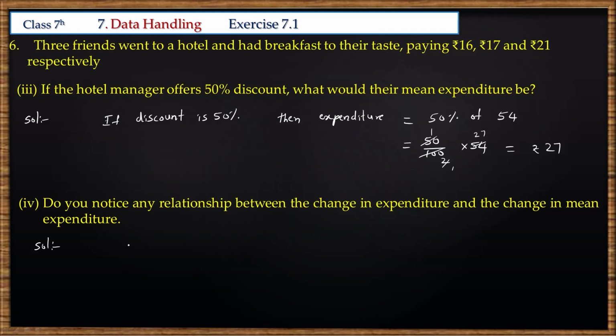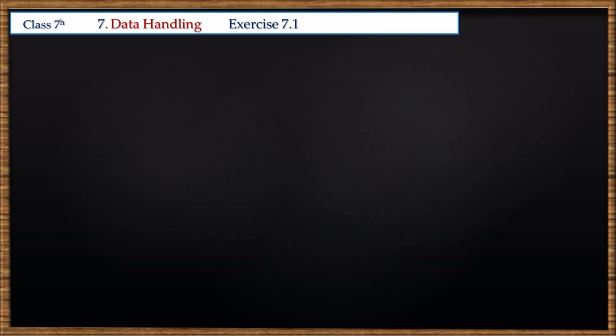So expenditure and mean expenditure are proportional. This is our answer. Next problem.